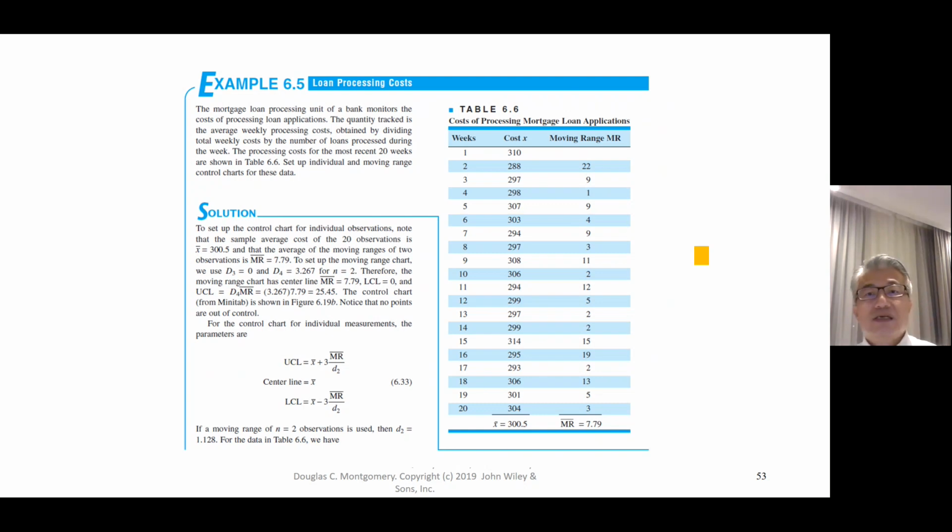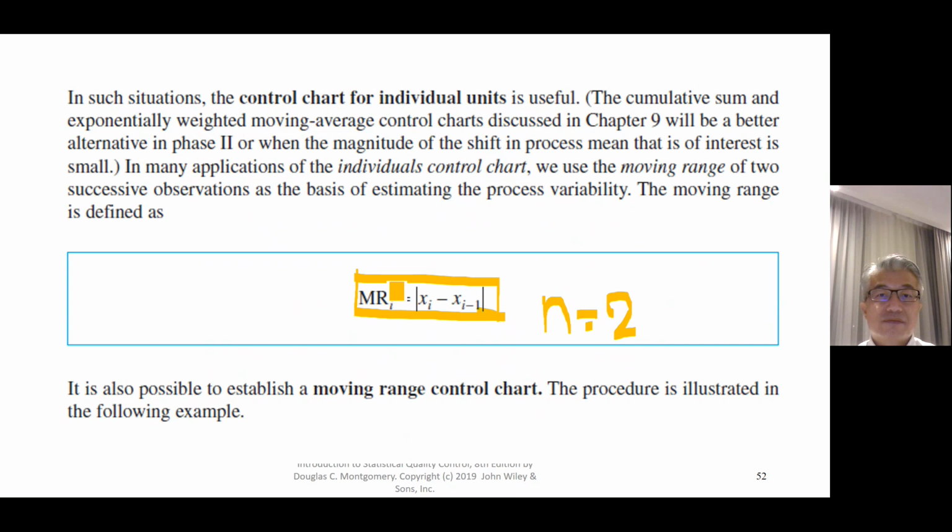To set this up, we do the subtraction to calculate the difference data. Like the first one subtract the second one. This is 310 subtract 200. Actually we take the absolute value of the difference, so range cannot be negative.